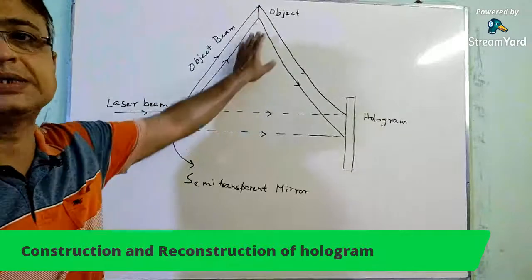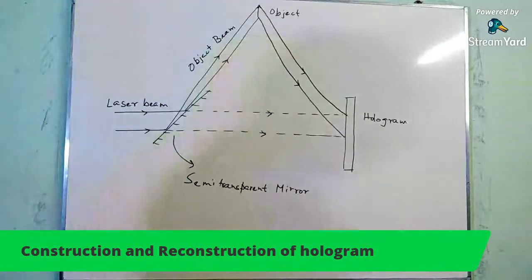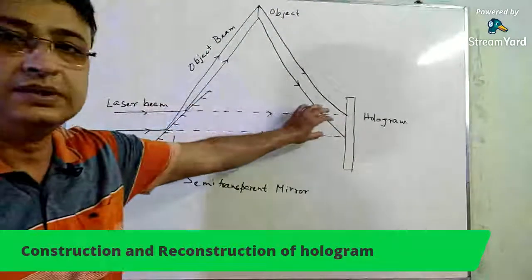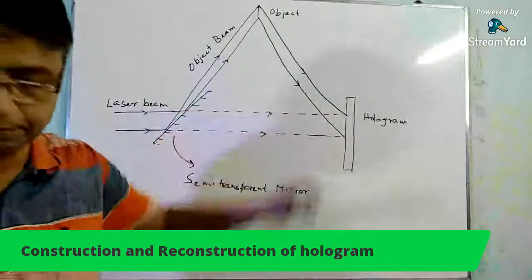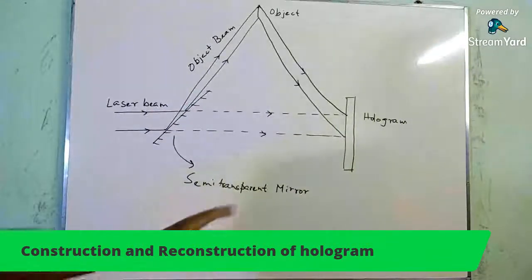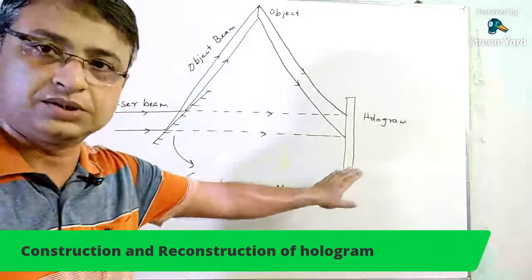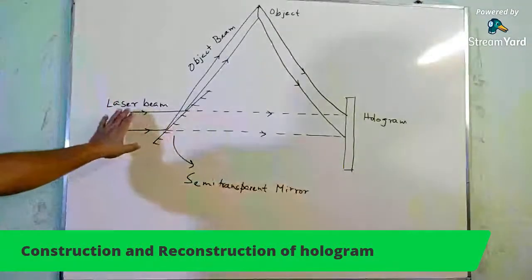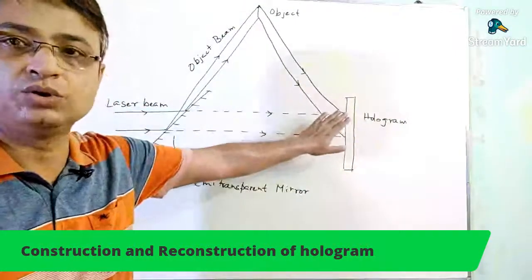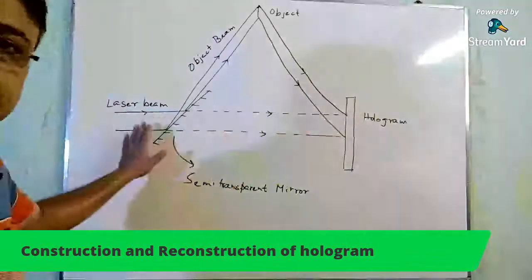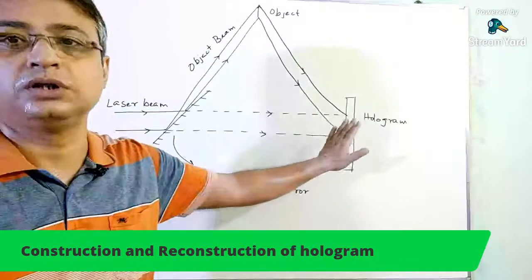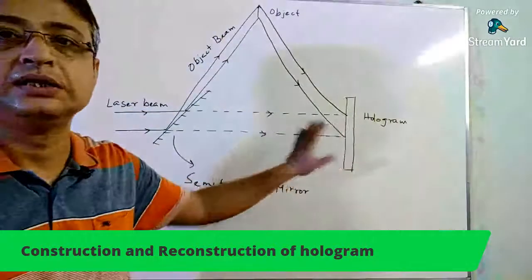The object beam is scattered by the object itself, and the other beam, the phase related reference beam, falls directly on the film. This is the photographic plate on which the hologram is going to be recorded. So one beam is the object beam, which is scattered by the object and goes into the hologram, and the other split beam, which is undeviated, falls on the hologram and records the phase relationship.